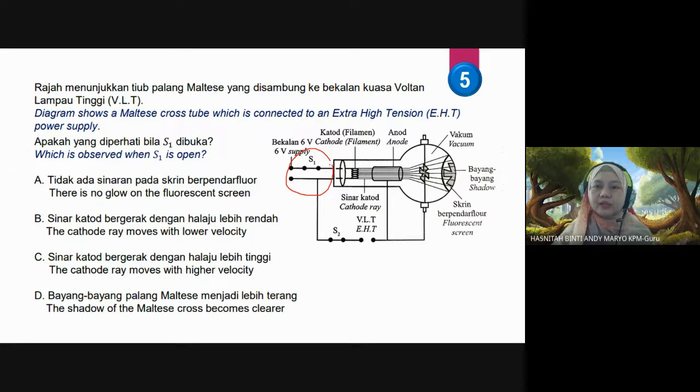So what will you observe here? Is it A, no glow on the fluorescent screen, or B, the cathode ray moves with lower velocity, or C, the cathode ray moves with higher velocity, or D, the shadow of the Maltese cross becomes clearer? Which one?